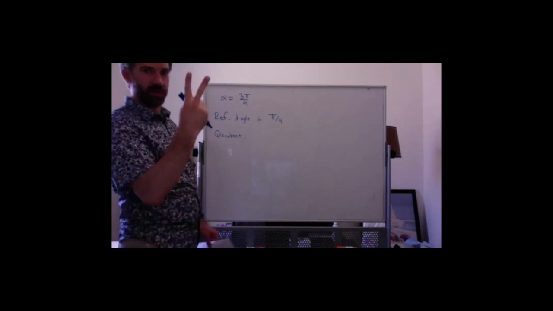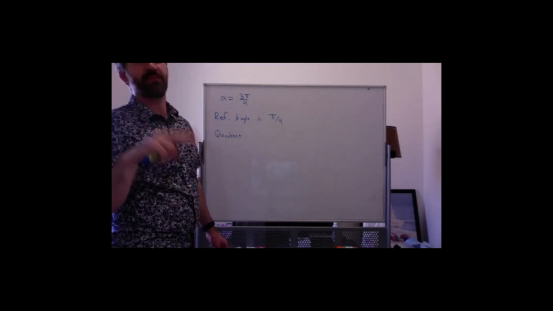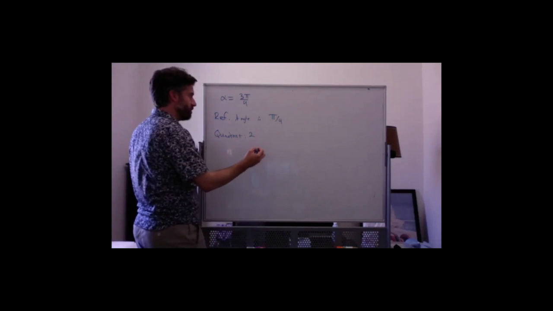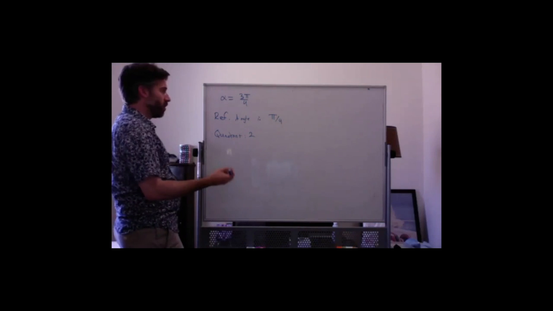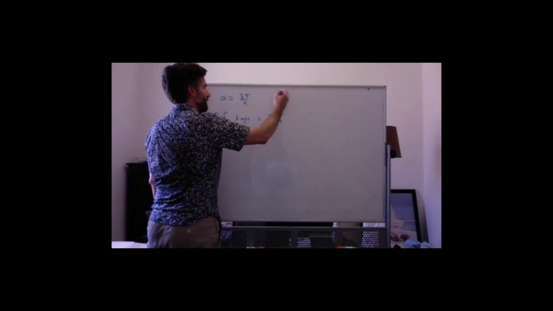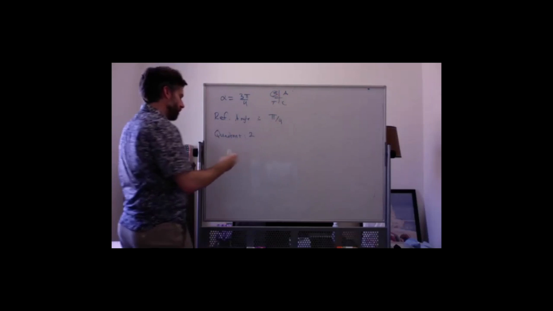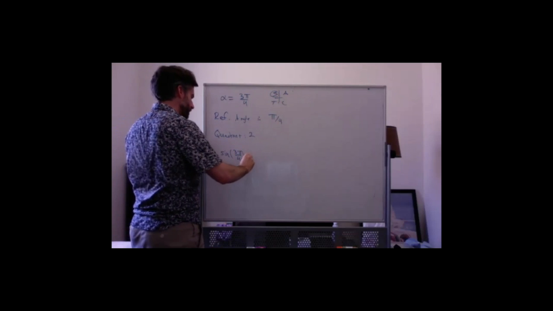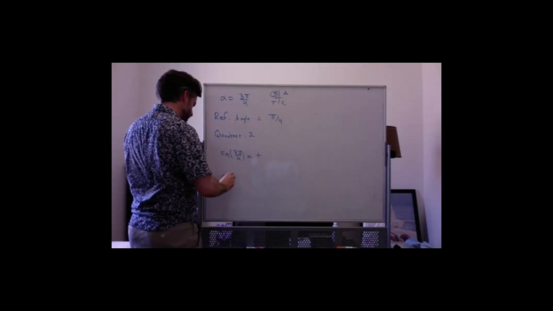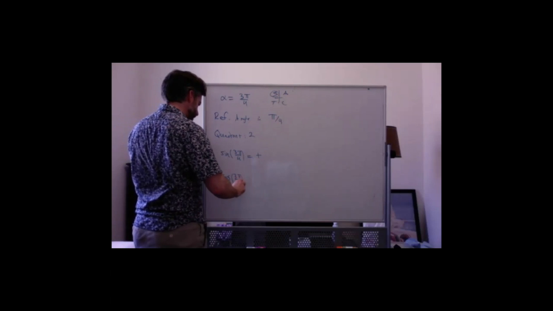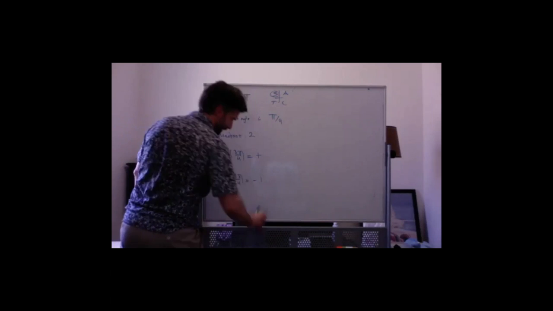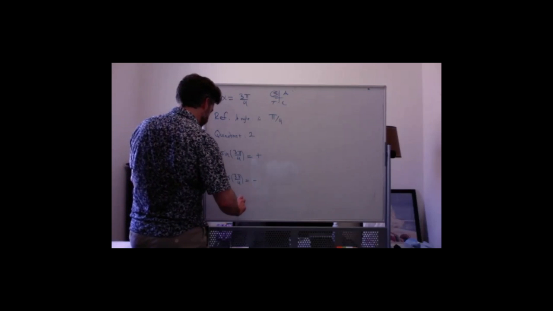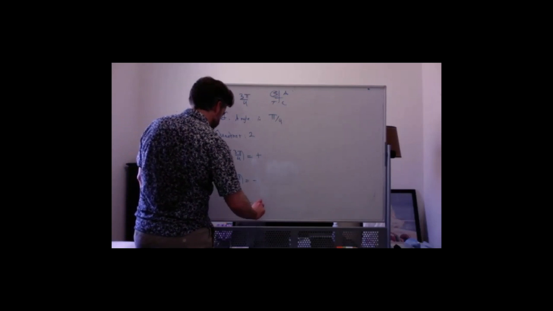You can show me on your fingers. You can be like, well, I just gave away the answer. Next time you can show me on your fingers. So quadrant 2. And so in quadrant 2, I know that sine is positive. So I'm going to say that sine of 3 pi over 4 is positive. Cosine of 3 pi over 4 is negative. It's not negative 1. And tangent of 3 pi over 4 is negative.